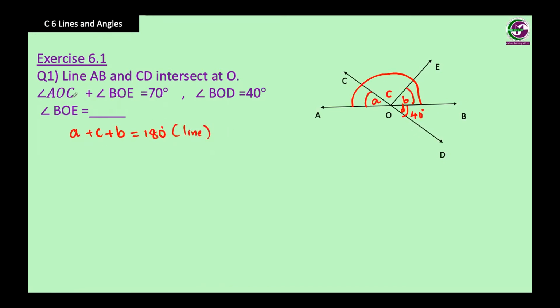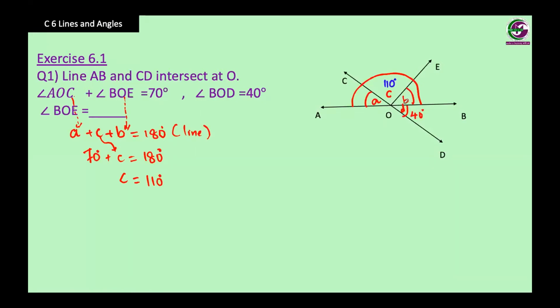Now you know that angle A plus angle B is 70 degree. So I'm going to rewrite 70 plus C is missing. So C is equal to 180 degree. So we'll get the answer. C is equal to 180 minus 70, which is 110 degree. So here we can write, this is 110 degree.